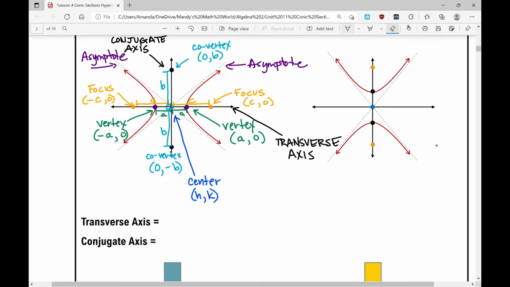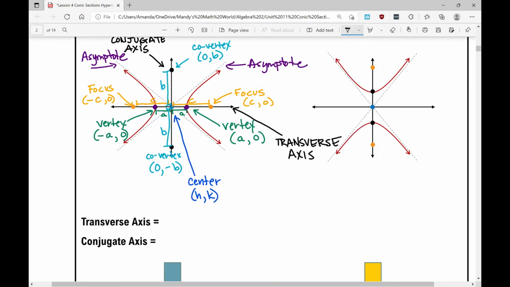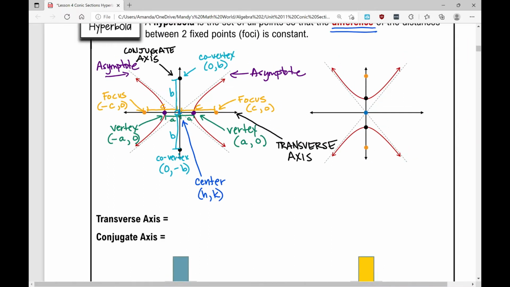So let's just get into, you had your major axis with the ellipses and your minor axis. Well, the big terms here for hyperbola are your transverse axis. So the length of your transverse axis is going to be 2a. It connects the vertices through the center.